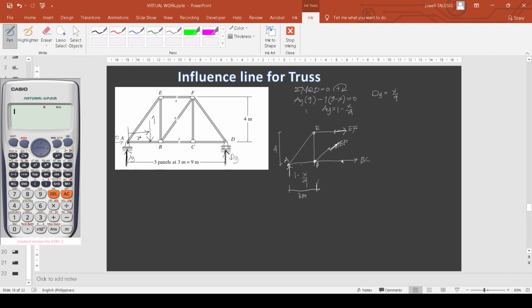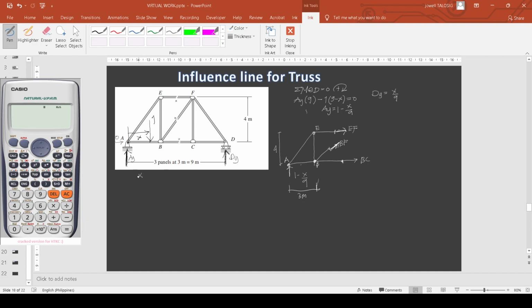The first situation is before the segment that we cut, from A to B. That is our first section. The second section is in the middle, between B and C. And the last section will be between C and D. So let's start with segment AB.